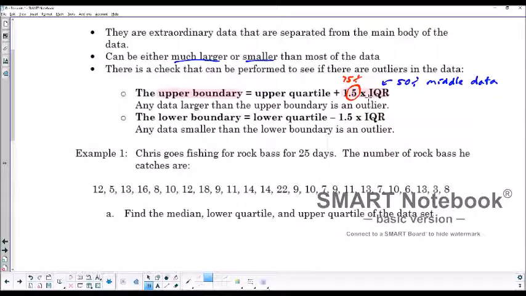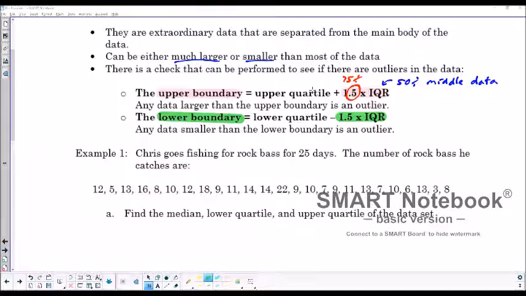For the lower boundary, same kind of idea. We take the interquartile range again, and we'll take 1.5 of that. So we're going to take the middle 50%, and we're going to take half of it again. So it's all of the 50% plus half of it one more time, and we're subtracting that big clump of data from the lower quartile.